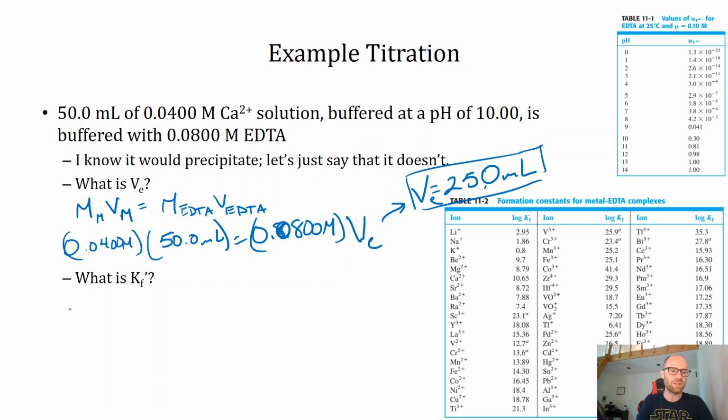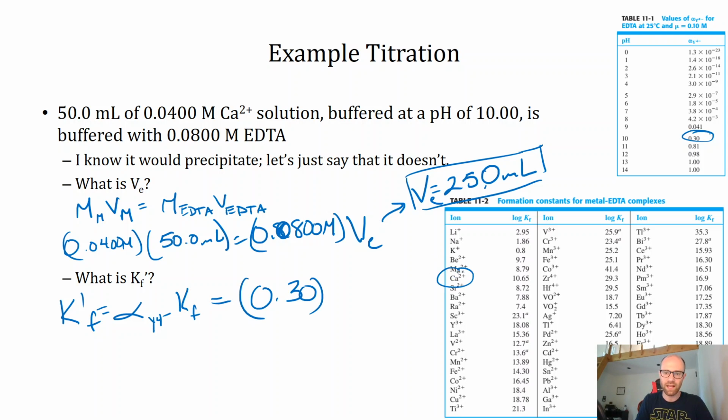For K prime f, just as a brief reminder, K prime f, or Kf prime, can't remember which one's easier to type and easier to write. There's probably a difference between them. I kind of just write them, don't worry about it. It is alpha Y4 minus times Kf. Since we're at a pH of 10, our alpha is 0.30.